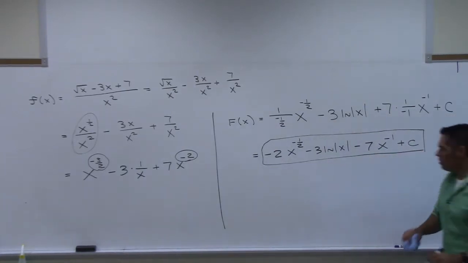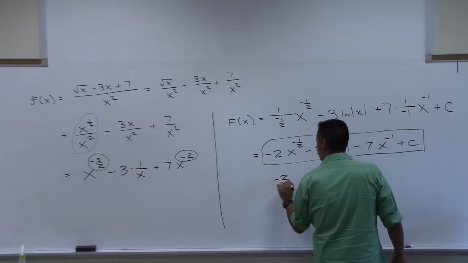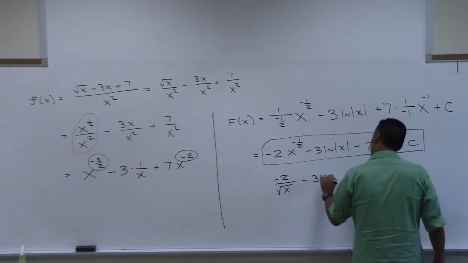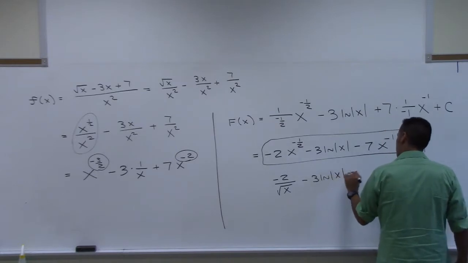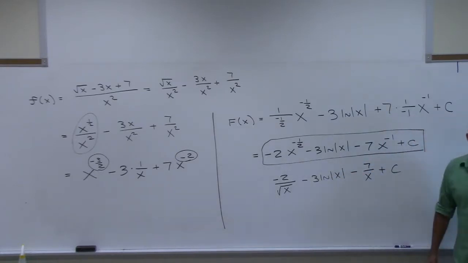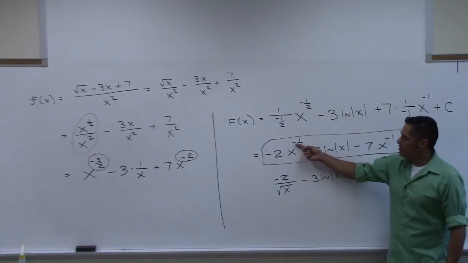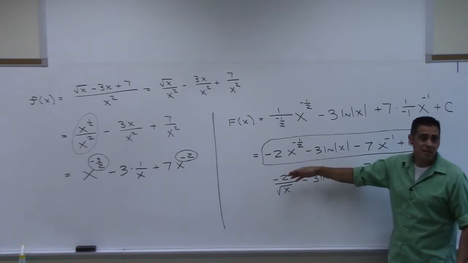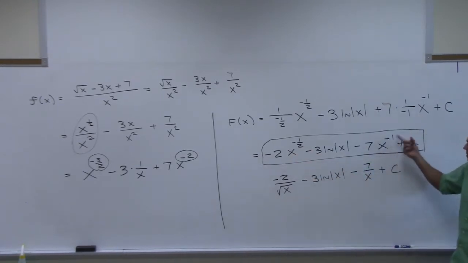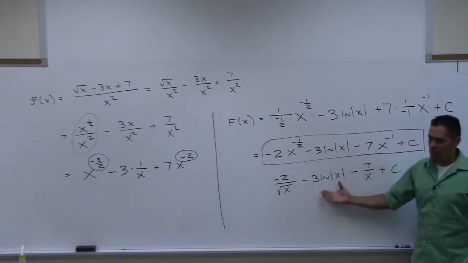Another version, hold on, Chris, another version that you could see of this answer, if you look in the back of the book, you might see this. So if you look in the back of the book and you see that, do you understand where that came from? They dropped this down, right? Negative exponent, they dropped it down, and then x to the positive 1/2 means the square root. And then here they dropped that x down underneath the 7, and then this they left alone.